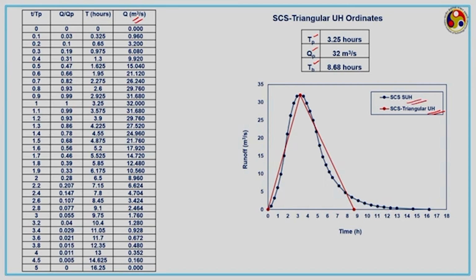So, this is very simple by making use of the data provided by SES, that is for the SES dimensionless synthetic unit hydrograph curve, and the corresponding data are given in all the textbooks which explain this topic. By making use of those data we calculate the values corresponding to QP, TP.